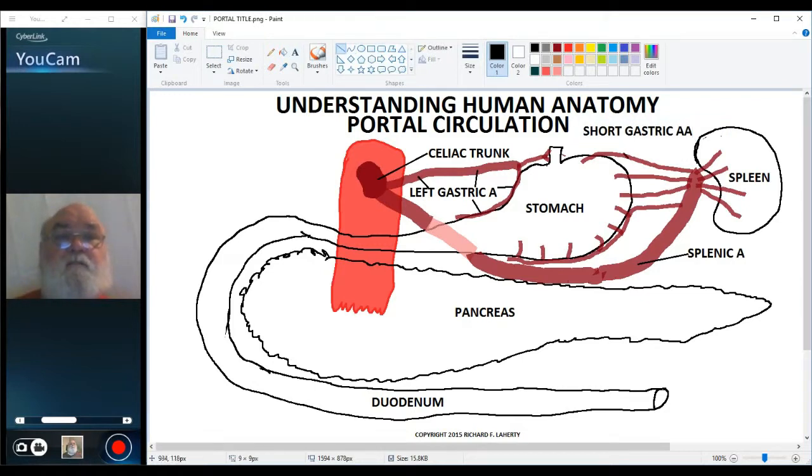And I'll draw some lines into those. And then we have the artery that's a branch of the splenic that runs along the greater curvature, and that one is the left gastroepiploic artery.